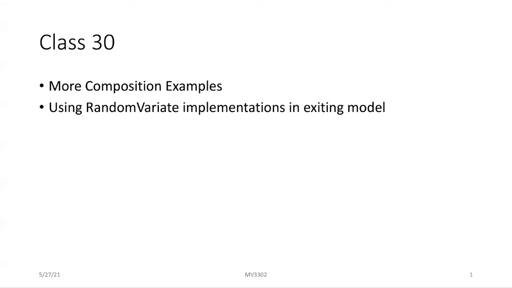This is actually called in the literature a mixture distribution, a mixture. That is, if you have a number of different random variables and you basically choose one with a certain probability, then it's called a mixture or a mixed distribution.